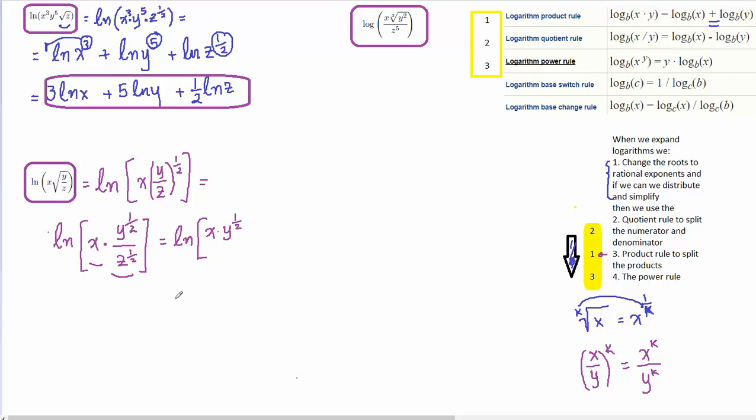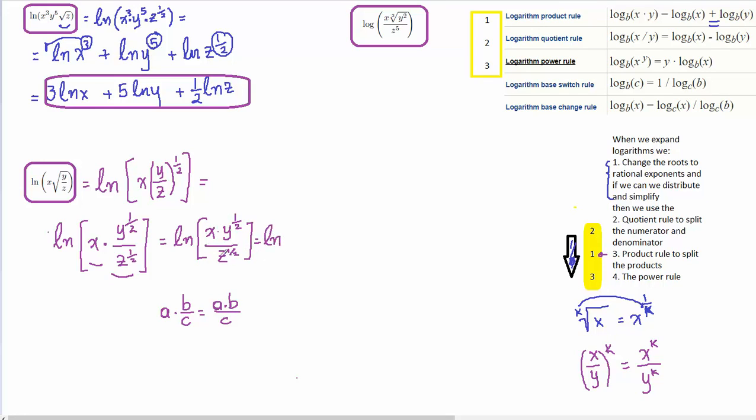As you know, when you have a fraction multiplied by a number or a variable, the multiplication works as follows: if you have a times b over c, then this is the same as a times b over c. So this is what I apply here.